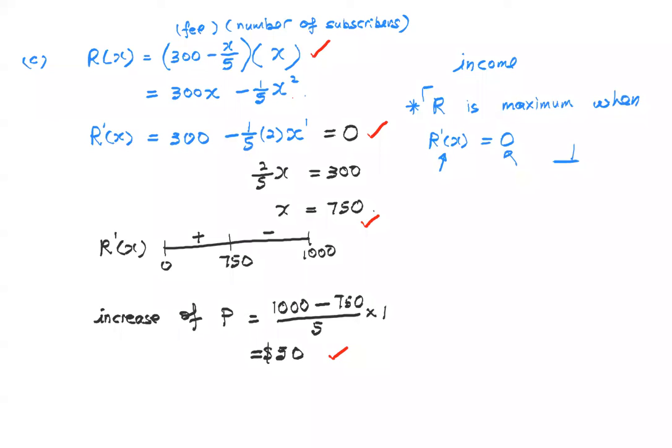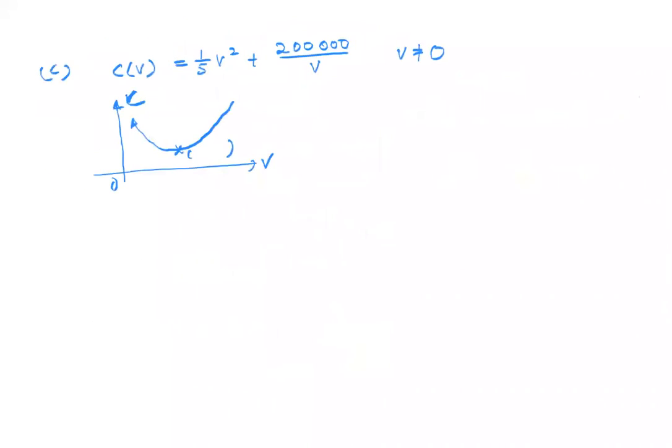Do you get me? Because the question didn't say by calculus. That's why I say your calculator skill must be very good. Do you get the same answer for v? 79.4. And you can even get the minimum cost here.